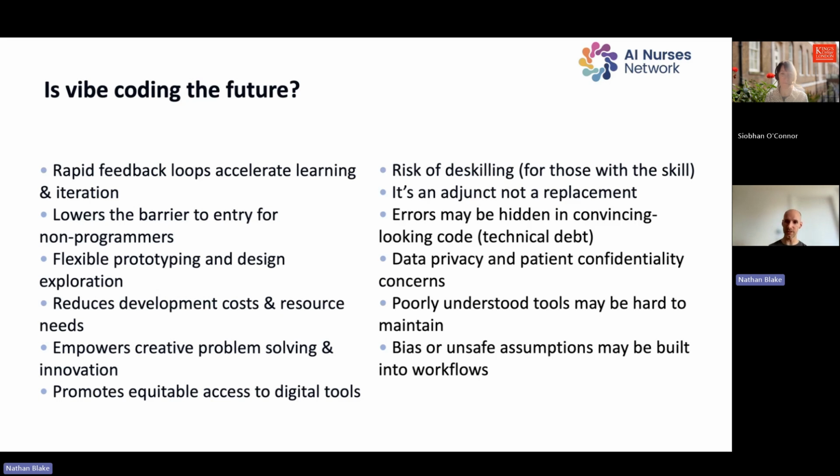But on the other side, the detractors of vibe coding mention things like the risk of de-skilling. If you already can code and then you start vibe coding, your coding skill can atrophy if you're not careful. And I think that's not unique to vibe coding. That's something all of us humans interacting with AI need to be aware of, that we can too easily let LLMs do our thinking for us, and so our critical thinking skills may atrophy.